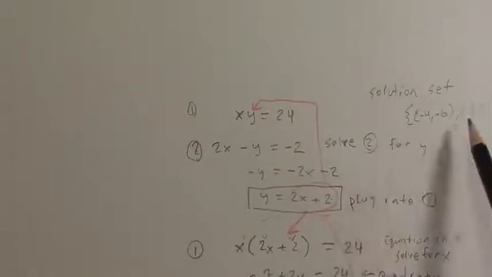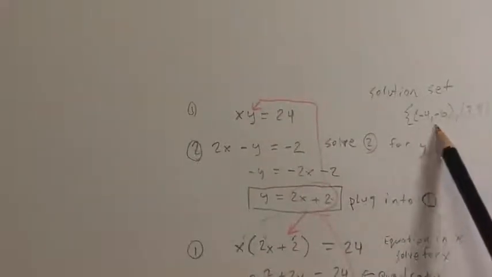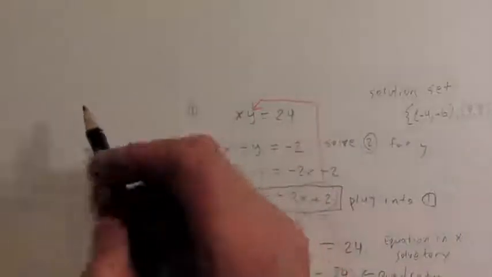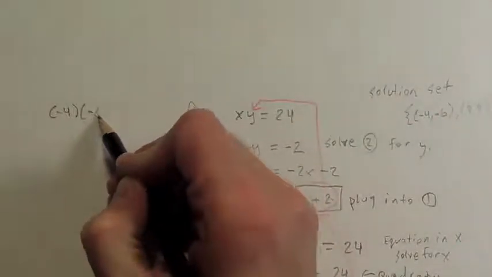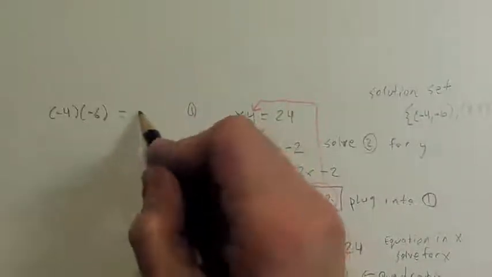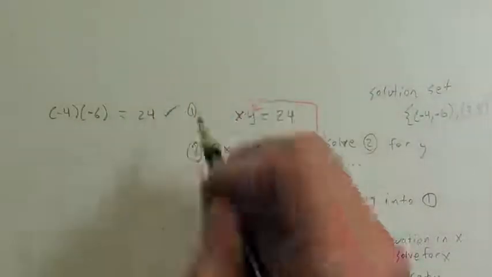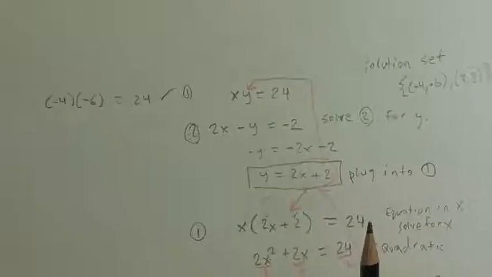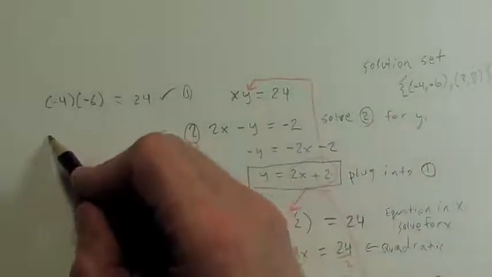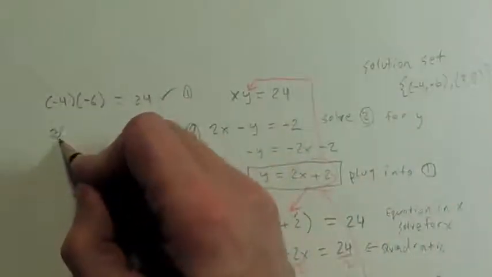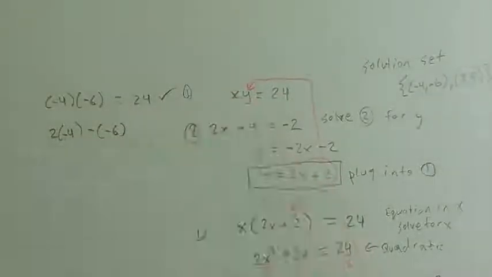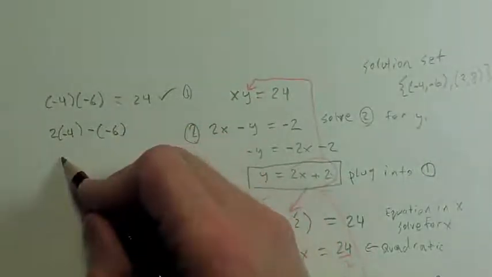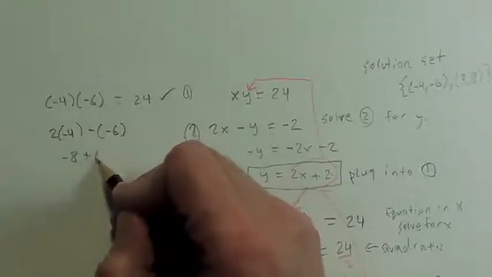So if I were to plug both a negative 4 and negative 6 in, so negative 4 times negative 6, if I multiply those two together, I get 24. So that satisfies the top one, number 1. But in 2, it will be 2 times negative 4 minus a negative 6. Okay, so that will be negative 8 plus 6.